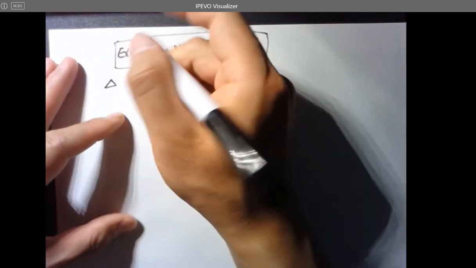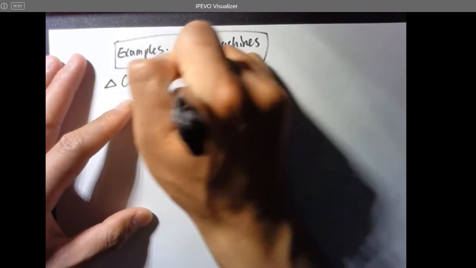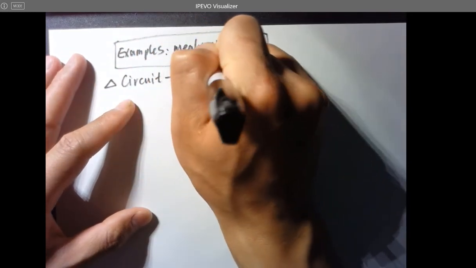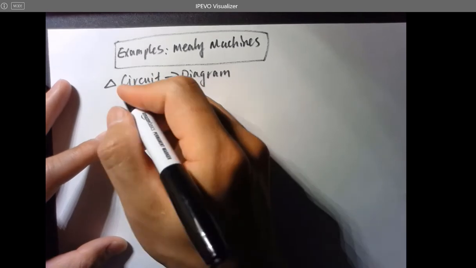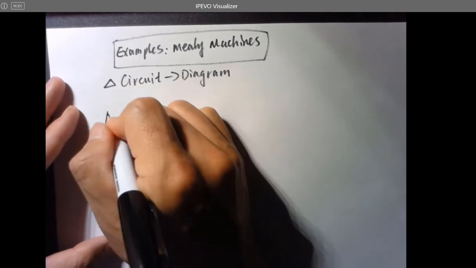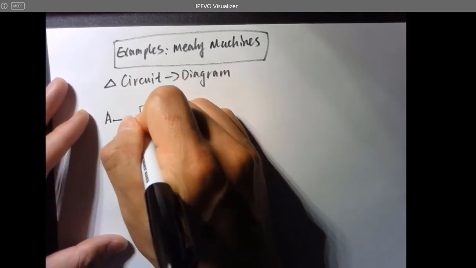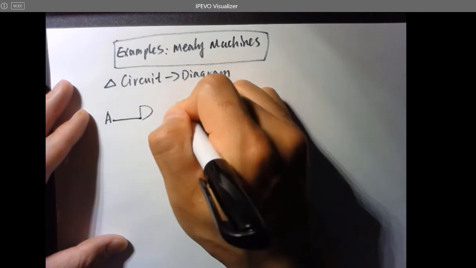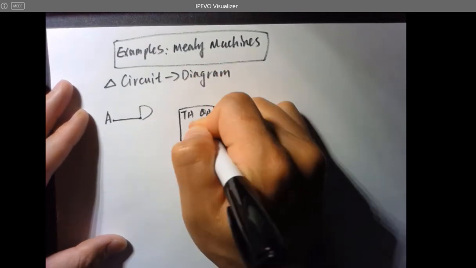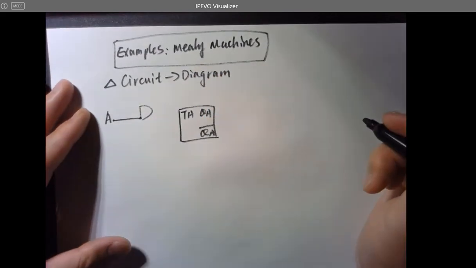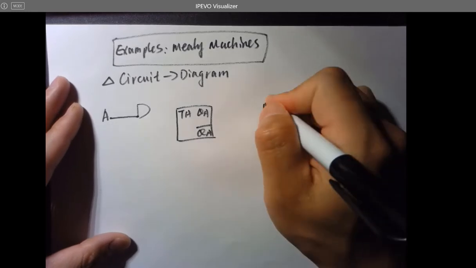First, we convert it from a circuit to a diagram. We've got an inverter, and A is here, and we've got a T flip-flop. And also we have another T flip-flop over here.